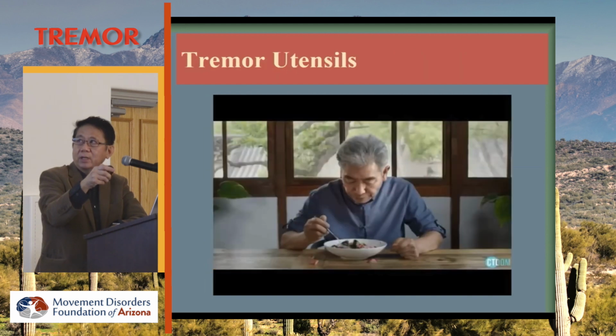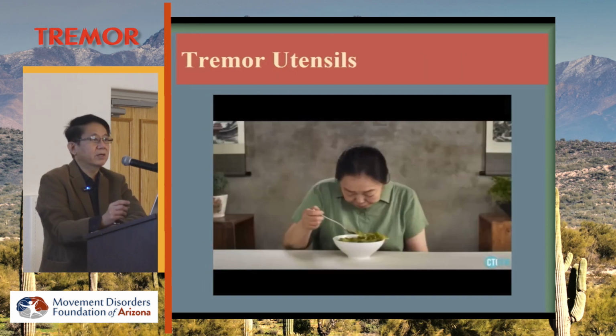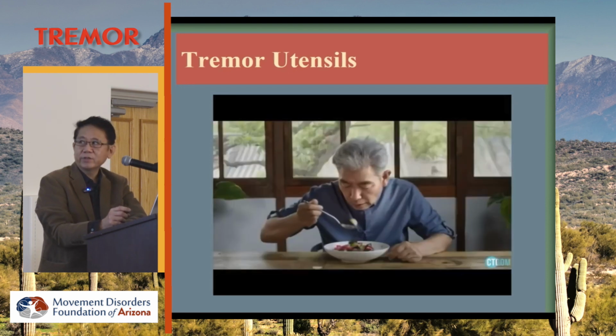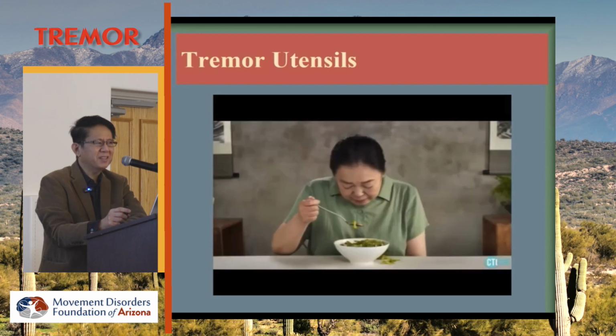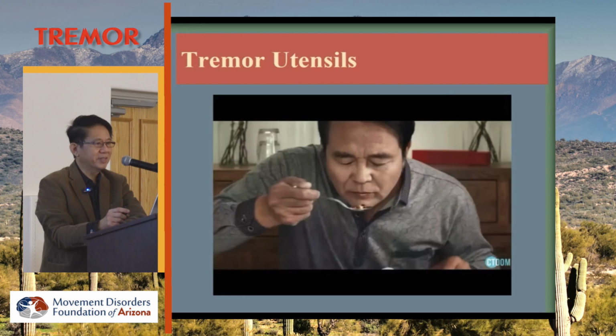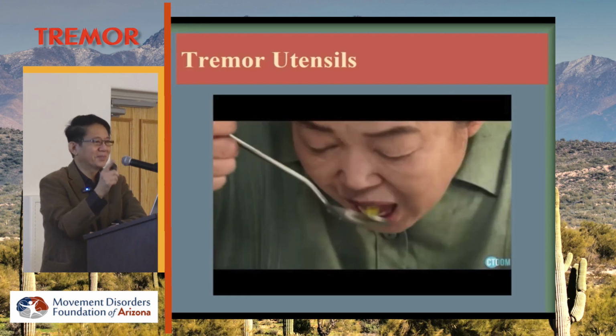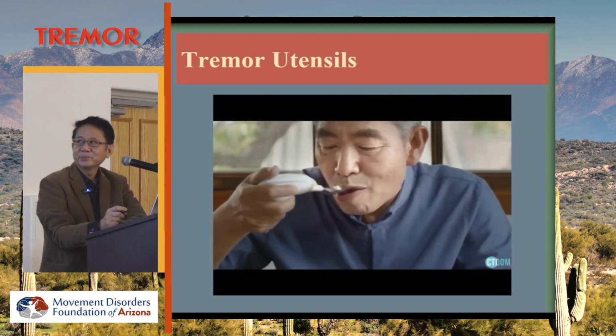The next, even more common thing we see, are just tremor utensils, spoons, forks, and knives you can buy online, even from Amazon. I think they're about $200 or $300 each. Each utensil, the spoon is about $200 or $300, and then the fork is another $200 or $300.